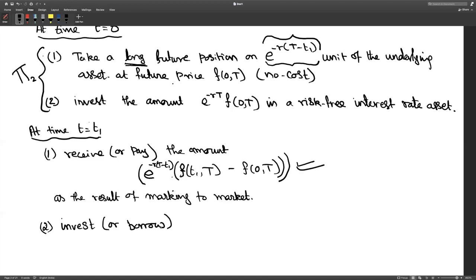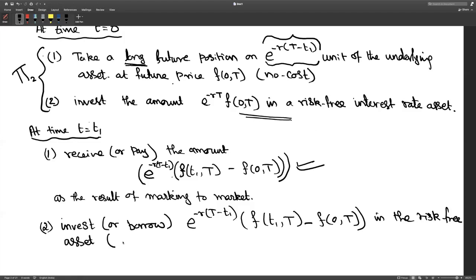You invest or borrow this much money, e to the power of minus r (T minus T1) times f(T1, T) minus f(0, T), in the same risk-free asset that you have invested here.